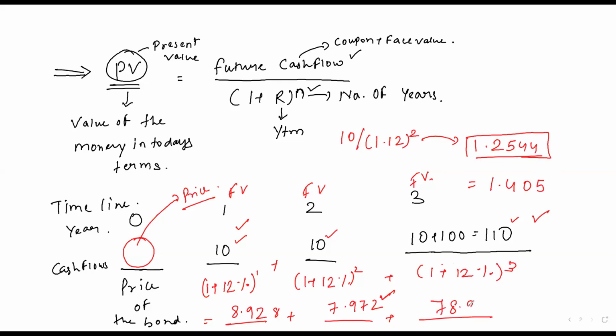Everyone getting this? 78.29. Now add these three. Tell me what is the value that you are exactly getting. 78.29 plus 7.972 plus 8.928 is 95.19.